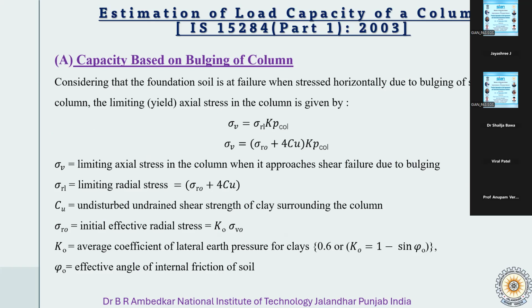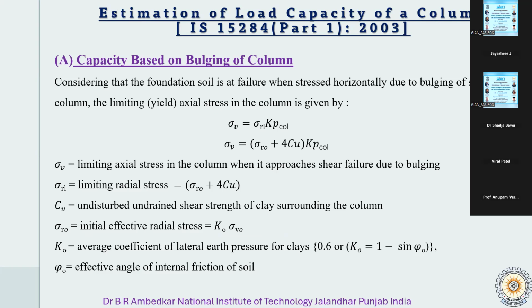First, we will estimate component 1, which is the capacity based upon the bulging of the columns. Here we have to consider the foundation soil is at failure when stressed horizontally due to bulging of the stone columns, and the limiting axial stress in the column is given by sigma_V = sigma_R K_p column.